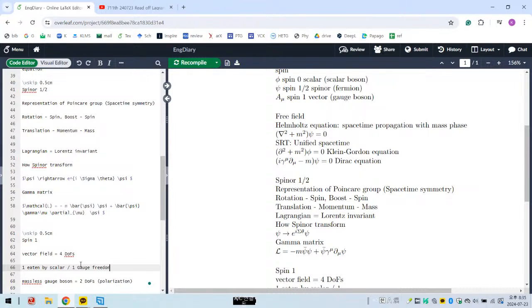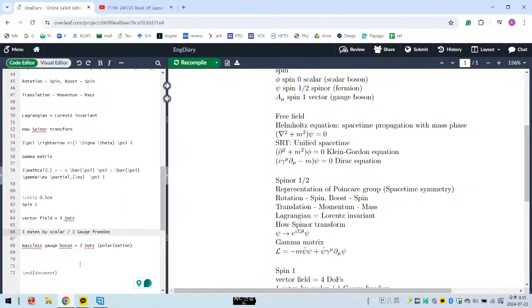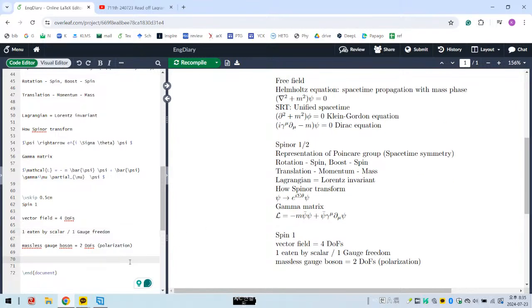So there is some gauge redundancy, which means that we can always choose some gauge parameters, and also we can choose some specific gauge. It's called gauge fixing, and the point is the degrees of freedom should be counted when we consider the higher spin field. Also there are massive gauge bosons.